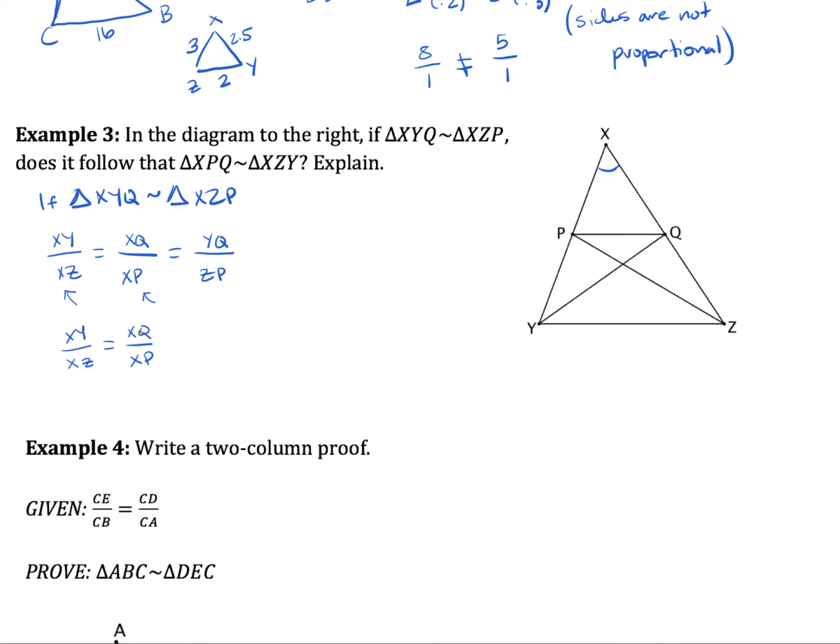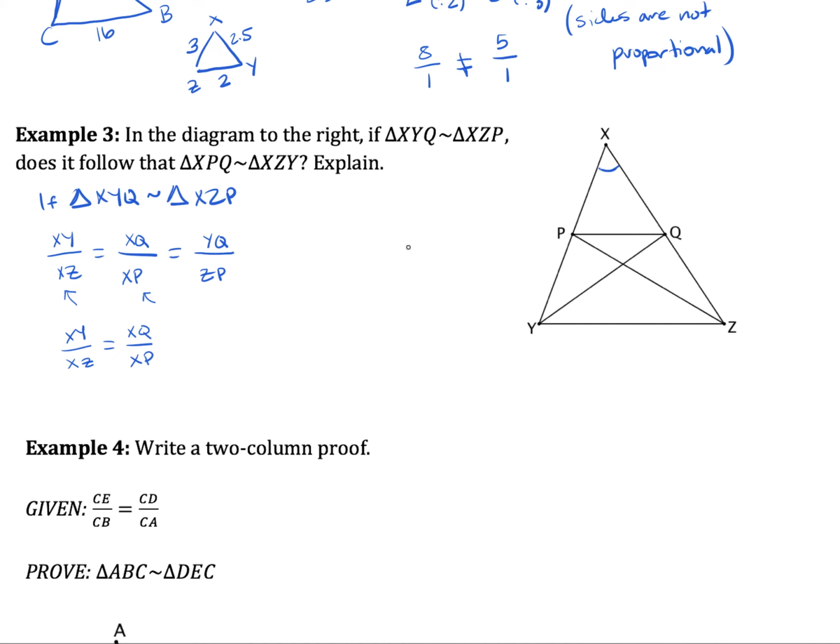Now this is almost a statement that can be really useful to me, but it's not really, because in the SSS or the SAS similarity, what we're really looking for is ratios that compare a side of one of the triangles to a side of the other triangle. And these ratios compare sides of one triangle to each other, and this ratio compares sides of the smaller triangle to each other. So these are both small triangle sides.